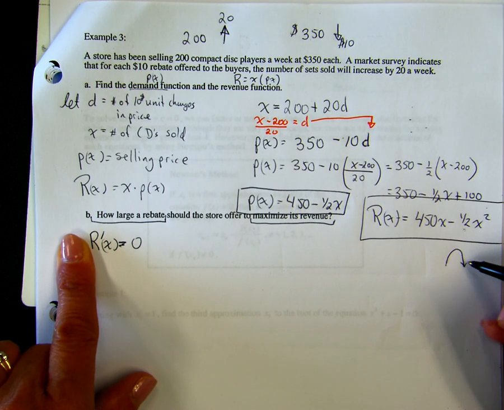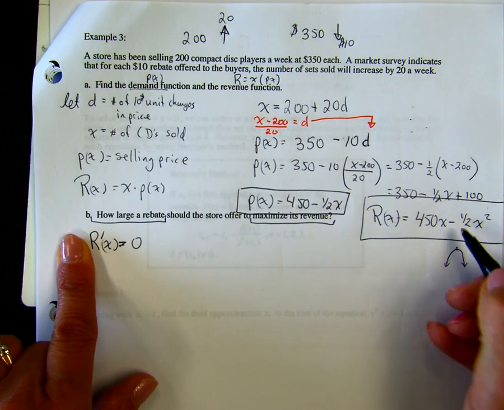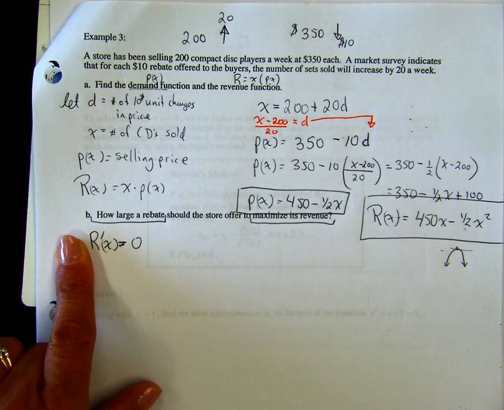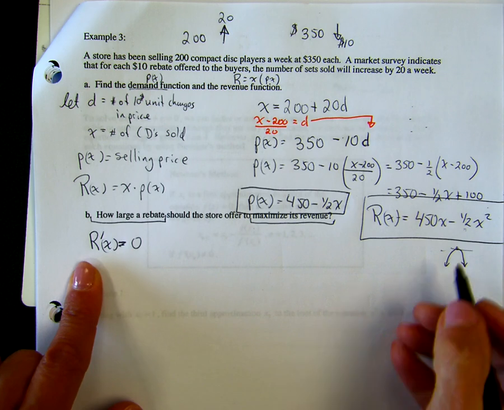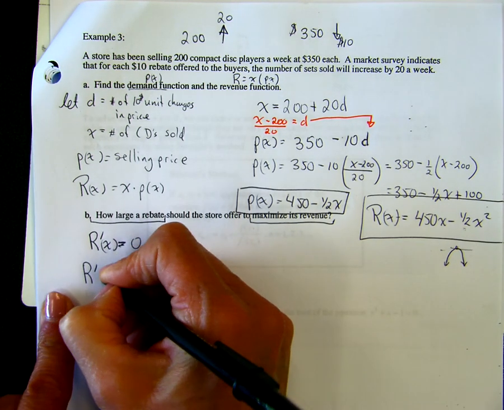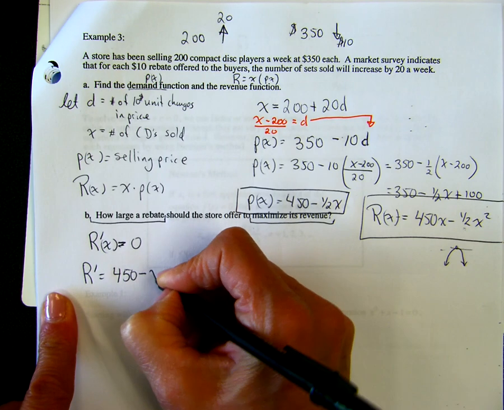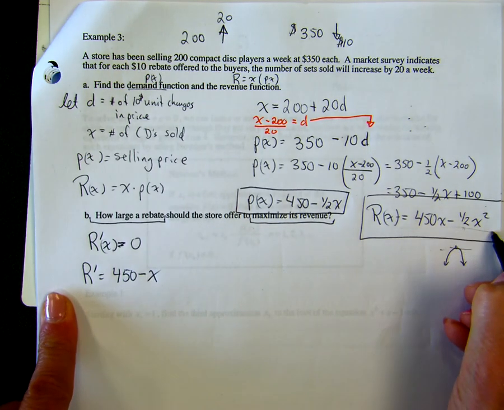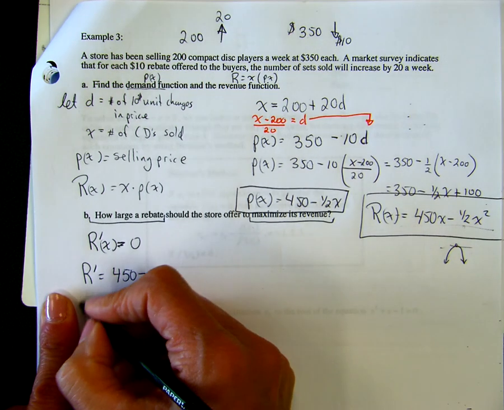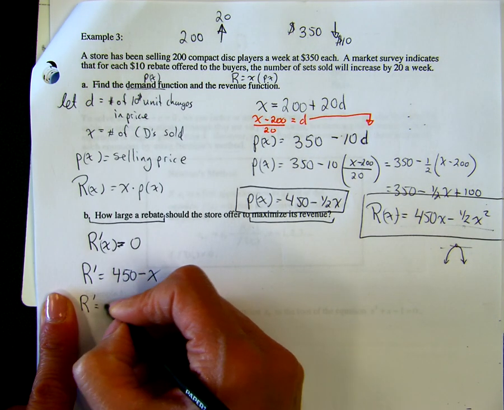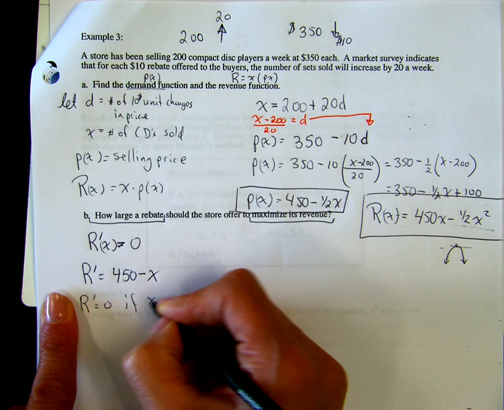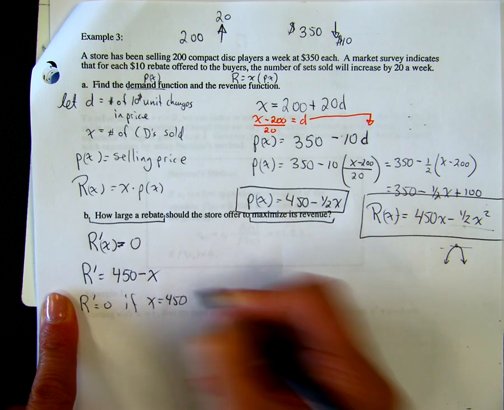Where am I going to find its maximum? At the vertex. What happens at the vertex? The derivative is 0. Okay, so what's R prime? R prime is 450 minus X, the derivative of this function. That is, R prime equals 0 if X is equal to 450.